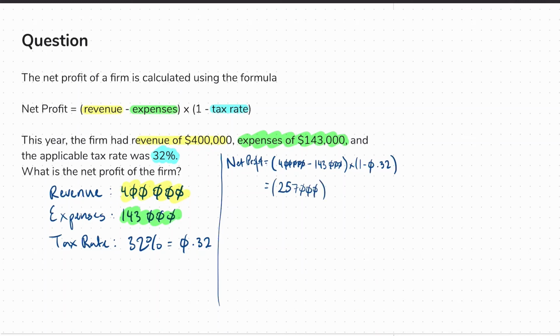Let's keep that in brackets. I'm going to times that by 1 minus 0.32, which is 0.68.